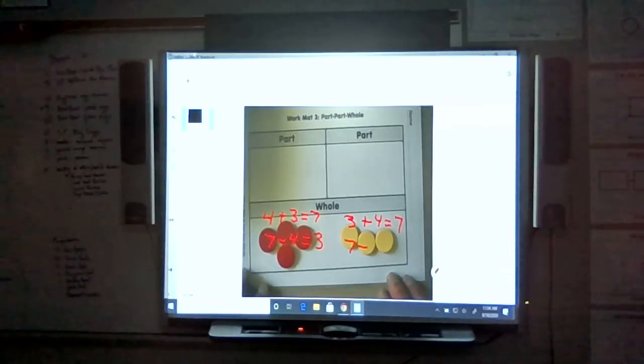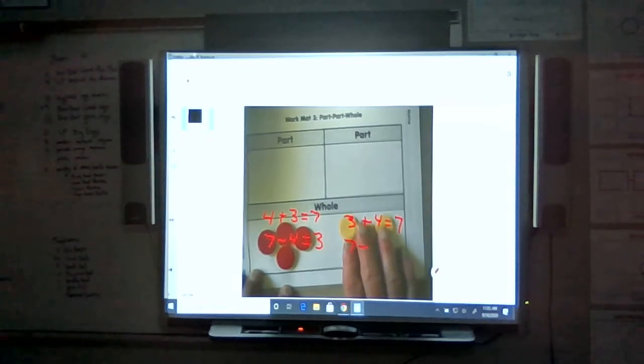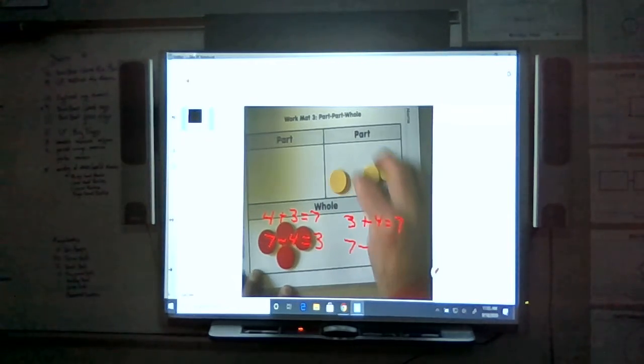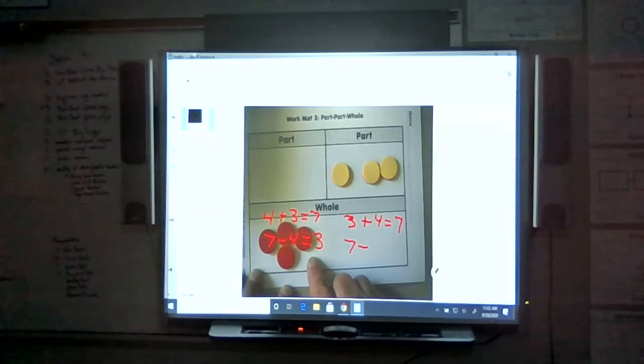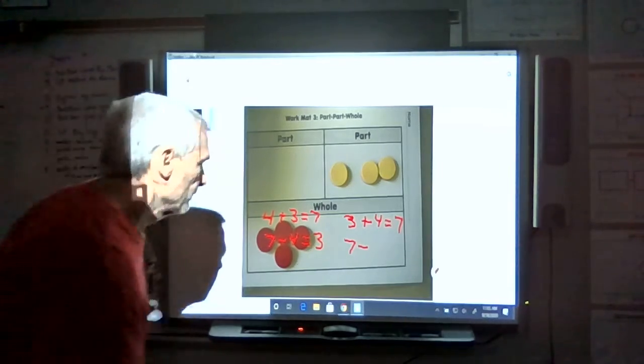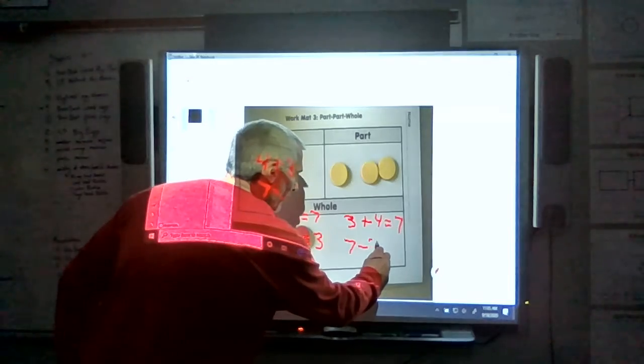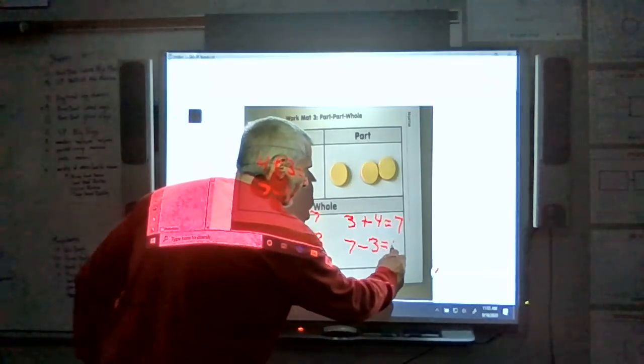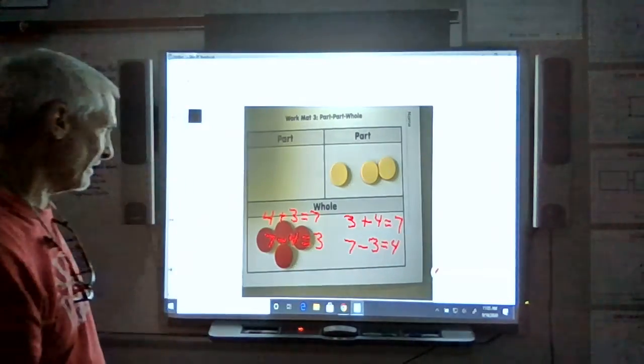There's all 7, and we take away 3 of them. Well, how many are left? 4. So 7, take away 3, subtract, equals 4. Does that make sense?